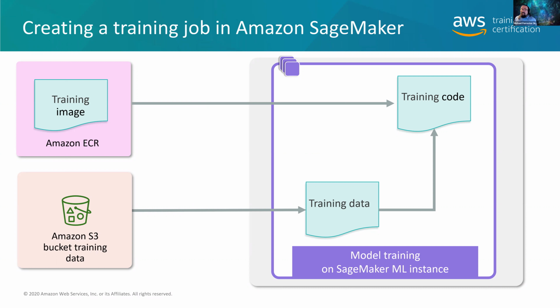Notice that these Docker images that we keep referring to are hosted in what's called a container registry, a container repository. That image is what it pulls by default when you say you want to use, let's say, XGBoost, right?